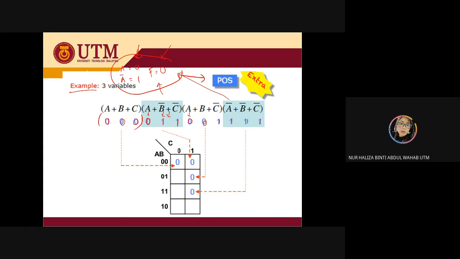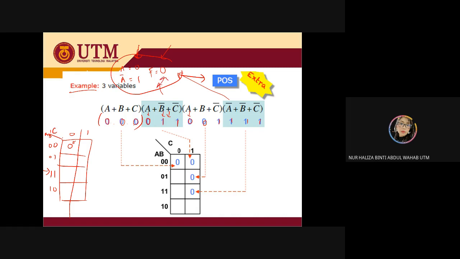So in the case of 0, 0, 0, you draw your truth table K-maps. 0, 0, 0, 1, 1, 1, 1, 0, with A, B, C. So 0, 0, 0, here will be 0. Why 0? It is POS.